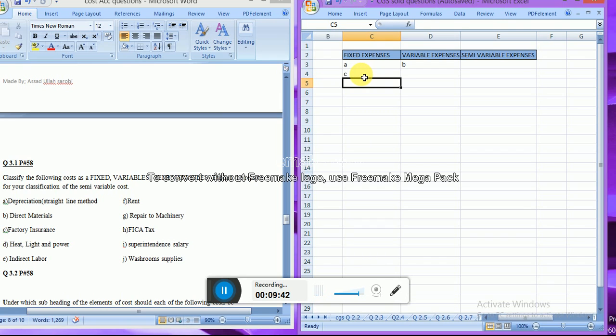Part D, heat, light and power. Heat is the electricity source which we use to heat up the machinery. Light is the electricity used in the office and houses, and power is the electricity used in machinery.